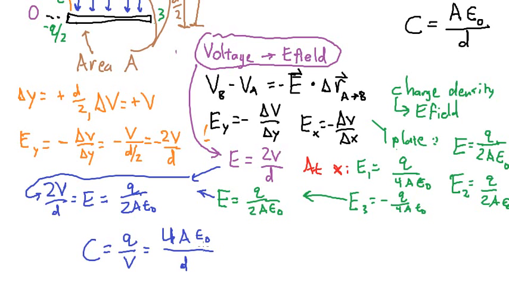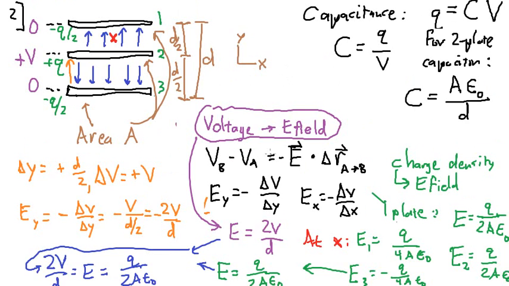And now you set these two equal, okay? Finally, we are getting to the whole point of this thing. We take these two guys and plug in here, and you say these are both equal to, actually I'm just going to come around here and say 2V over D equals electric field, which equals Q over 2A epsilon naught.